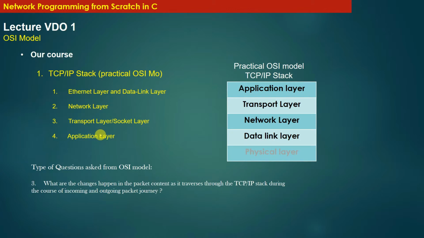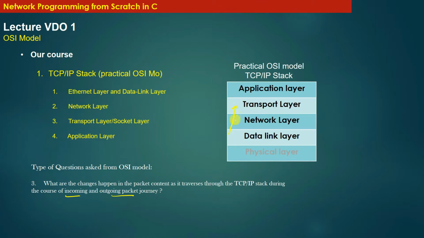Going forward, the third type of question which is often asked from the OSI model or TCP/IP stack is what changes happen in the packet content as it traverses through the TCP/IP stack during the course of its incoming journey and outgoing journey. Remember, the incoming journey of the packet is its journey in the TCP/IP stack from the bottom layer towards the top layer.